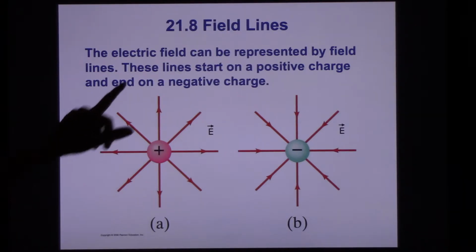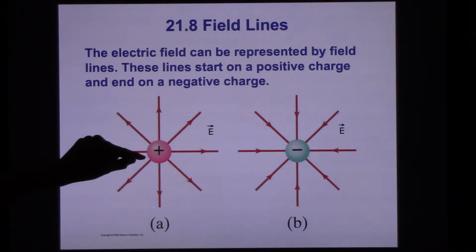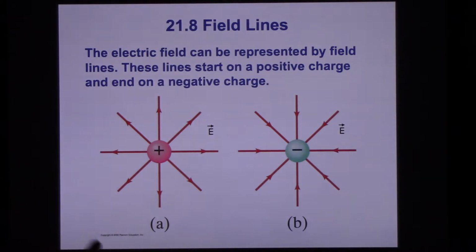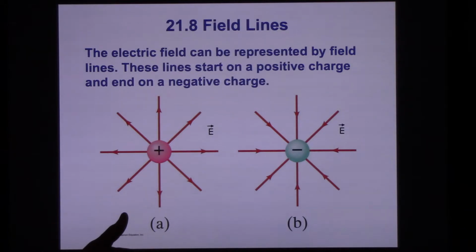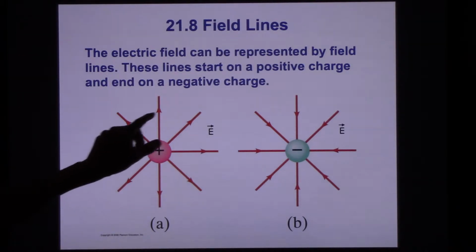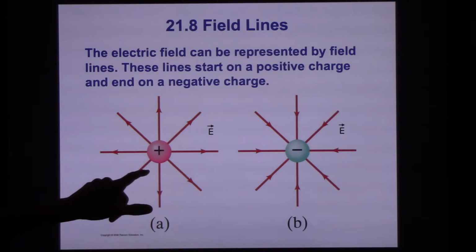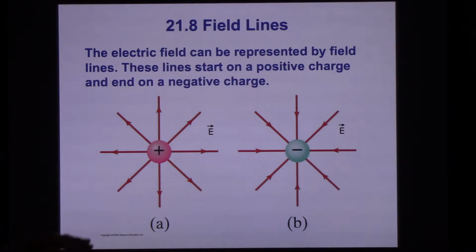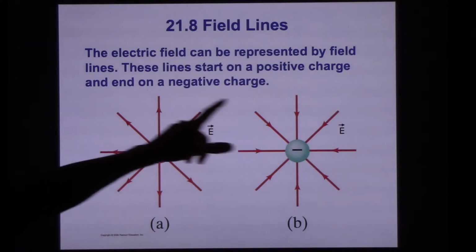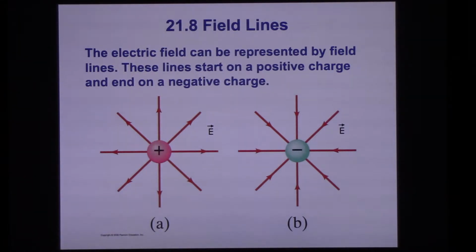It says that the lines have to start at the surface of the charge. The lines are directed perpendicularly away from the charge. So see how those lines are directed away perpendicularly, and that the number of lines is proportional to the charge. So I know these two charges have the same magnitude because they both have the same number of field lines drawn.